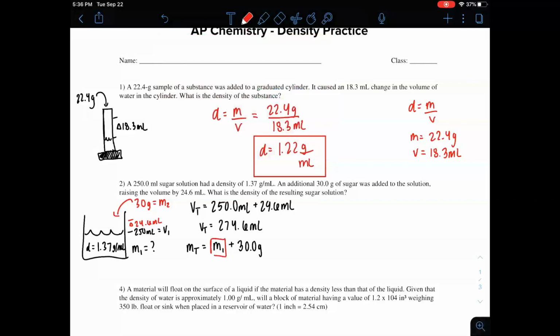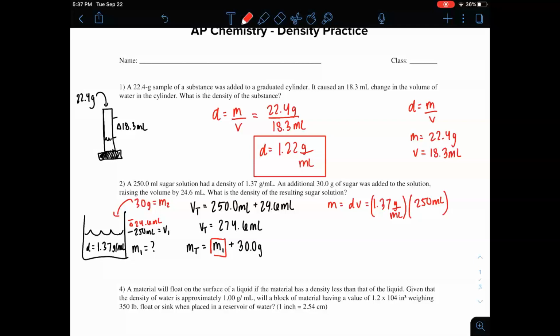And we can solve for mass 1 because density equals mass over volume. Therefore, mass is equal to density times volume. And we knew our original density from the problem, that 1.37 grams per milliliter, and we knew our original volume, which was 250 mils.